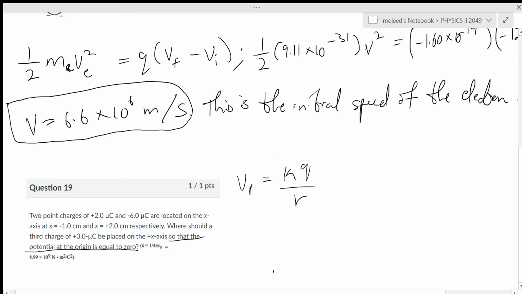We're being asked where a third charge of 3 microcoulombs should be placed on the x-axis, so we let the third charge be at a distance of x from the origin.